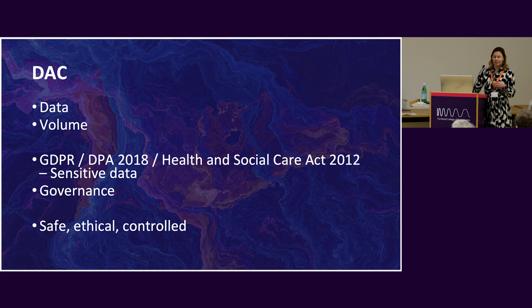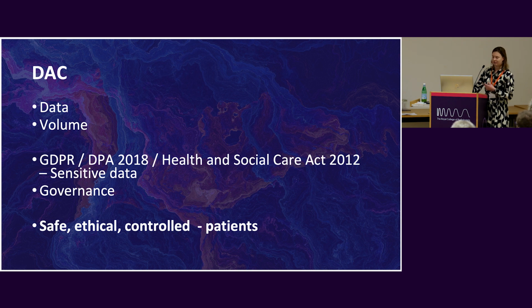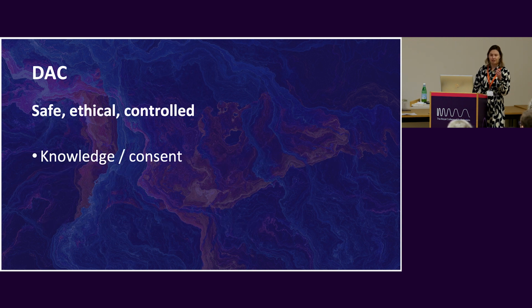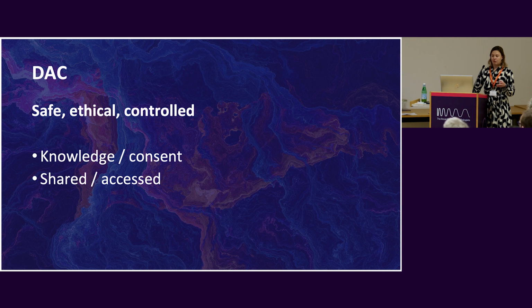What's the knowledge that we need to maybe give people to put this into context about what is pseudonymization? What is a safe research environment? The type of consent that we're going to look at, is it an opt-out approach? Do we need Section 251 approval? Are we going to go and get consent from all the patients? And really, again, all of the array of options. Shared or access data, how is data going to be shared? Is that going to be open source, as you already heard?